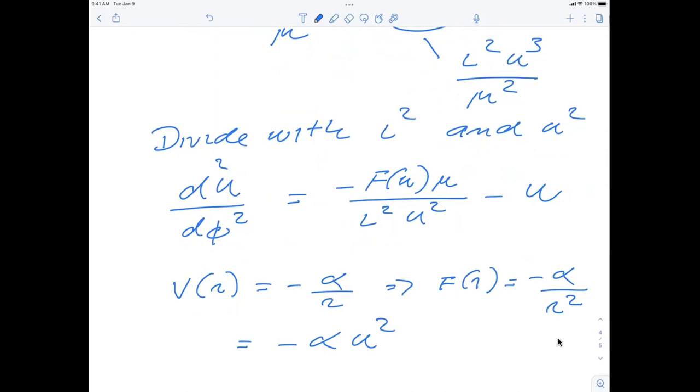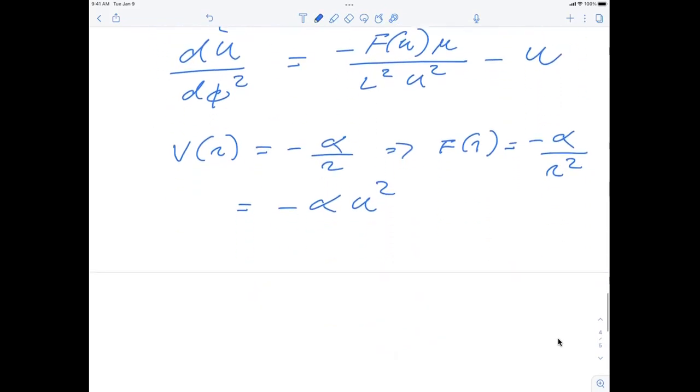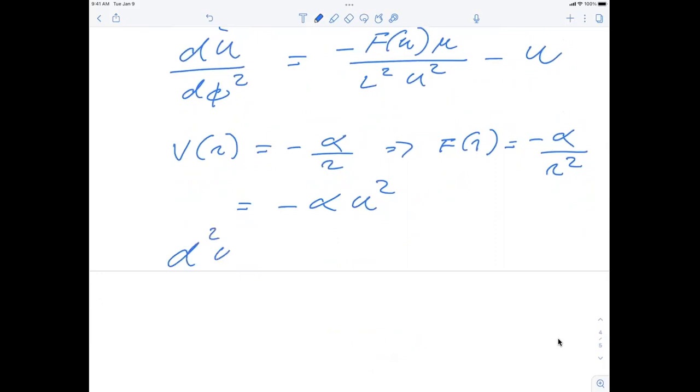If we now plug this back into the expression for the force, you see that the u squared term disappears, and I end up with a constant. So my differential equation then looks as follows. I get a constant, which is minus alpha. So let me just plug it in here. This is going to be given by plus alpha plus mu times alpha divided by L squared minus u.